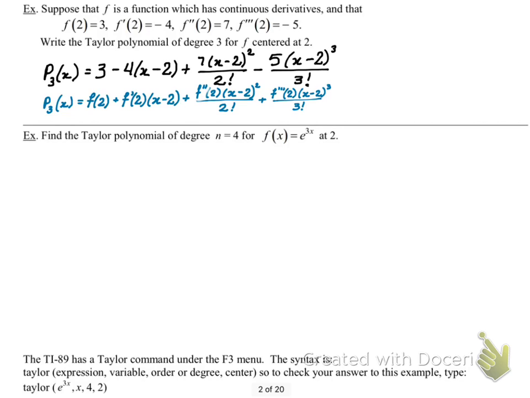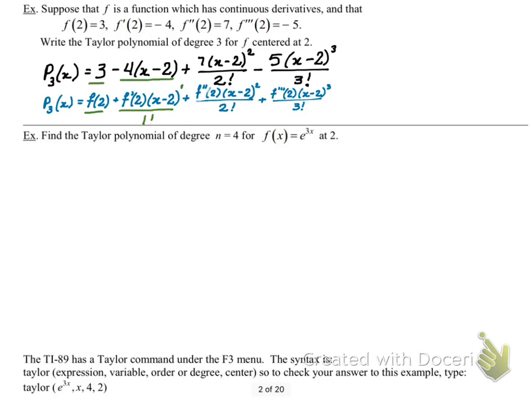But I'd like you to notice that this first term here corresponds with the original function value. The second term here corresponds with the first derivative and x minus 2 to the 1 all over 1 factorial, which is just 1.